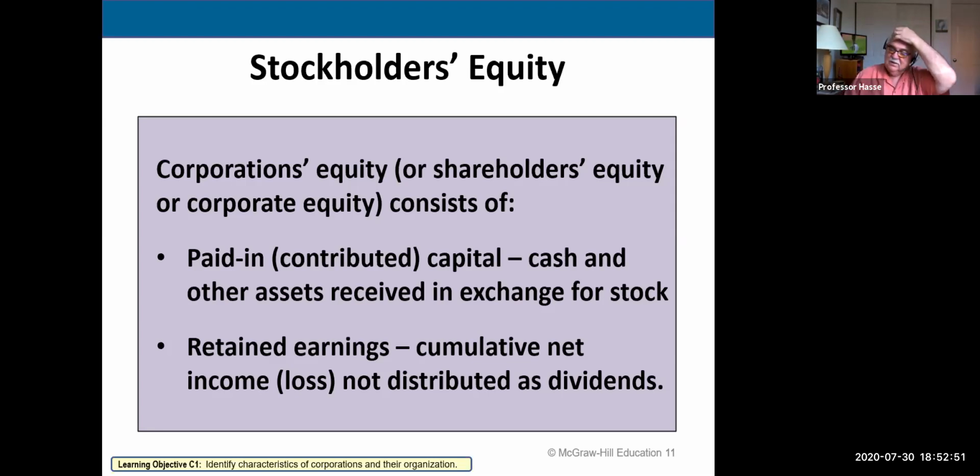Before, we did our closing entries to income summary, and then they ended up in capital. For a corporation, you still close them to income summary, but then you close it finally to retained earnings. That's the cumulative profit you keep year in and year out once you distribute the dividends.